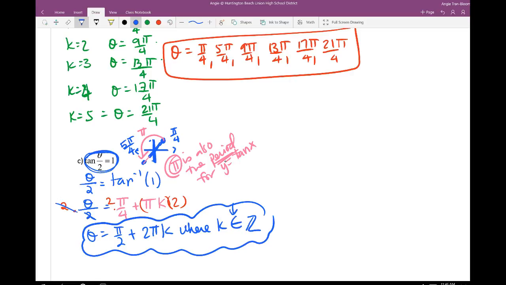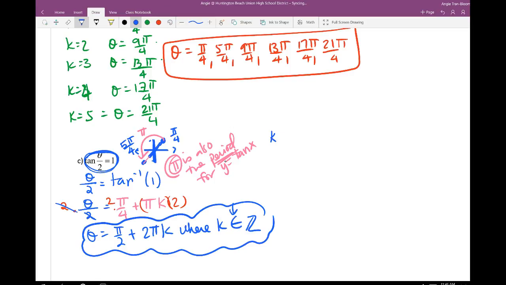And you can only have one equation for tangent because the angles directly across from one another result in the same exact solution. Only for tangent and cotangent. If you write 2 equations, I'm going to take points off because it's not reducing, so keep that in mind. Now let's write down our first 6 solutions.